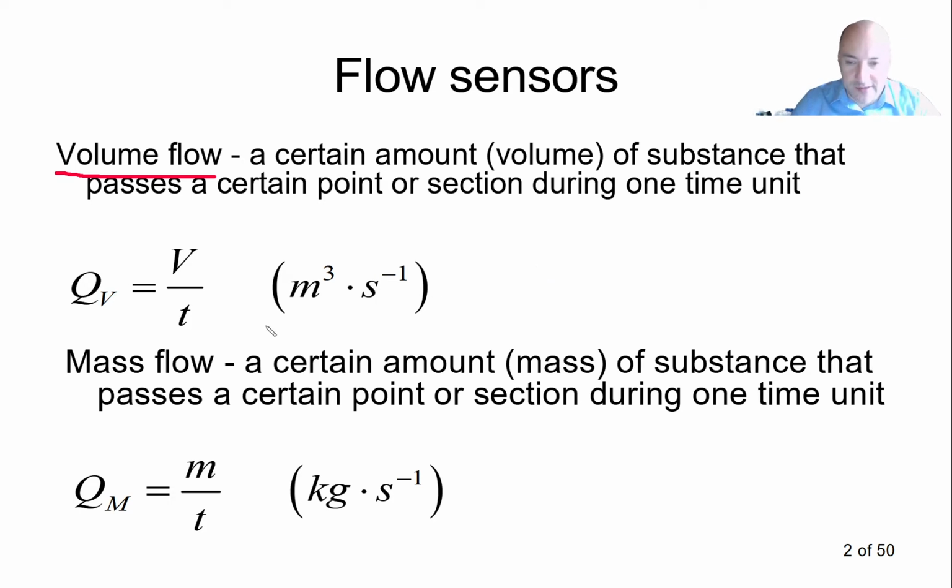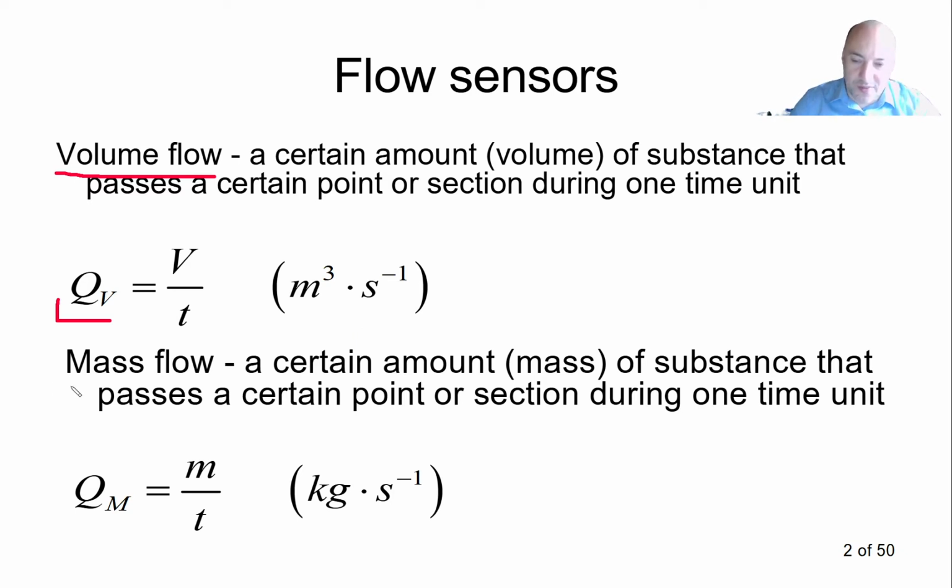So typically we will be using the symbol Q_V, and the units of volume flow will, for example, be cubic meters per second, or it could be cubic meters per hour. Anyway, it's some unit of volume per unit of time.